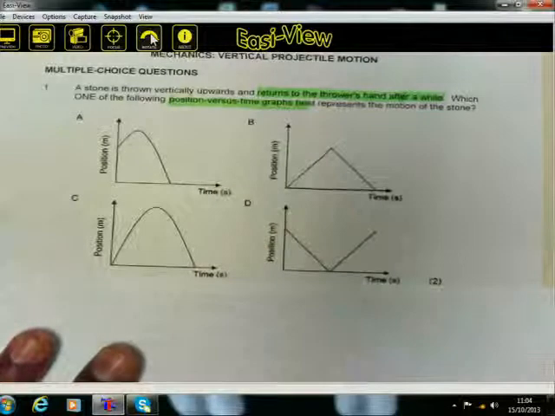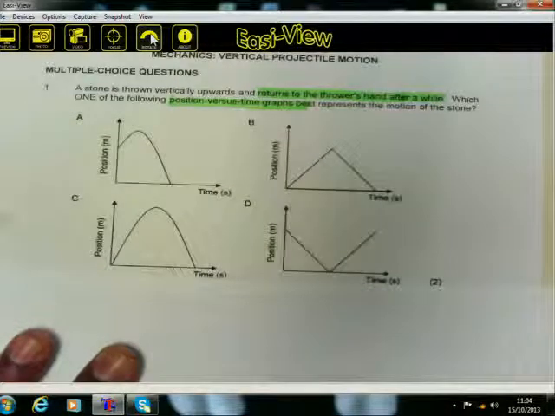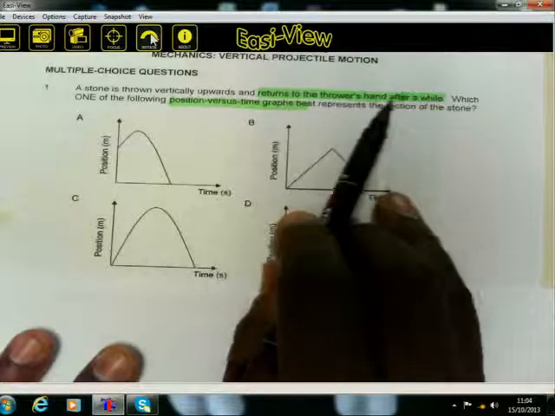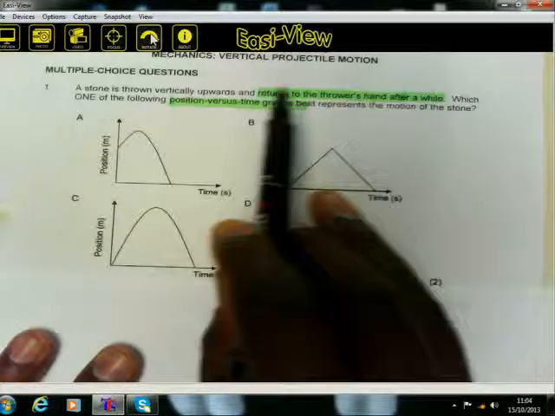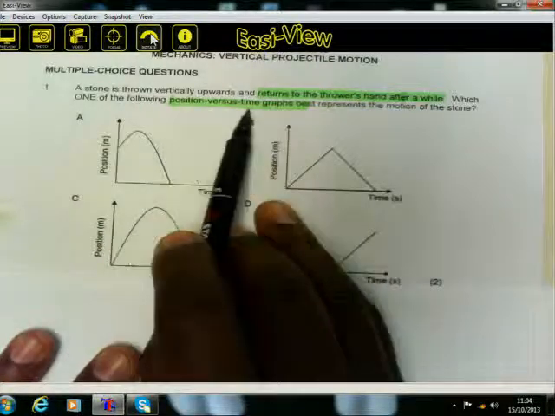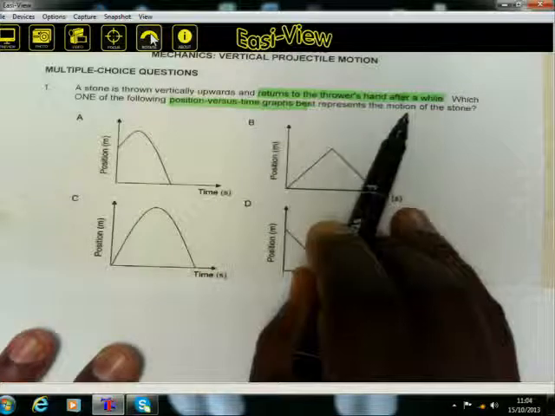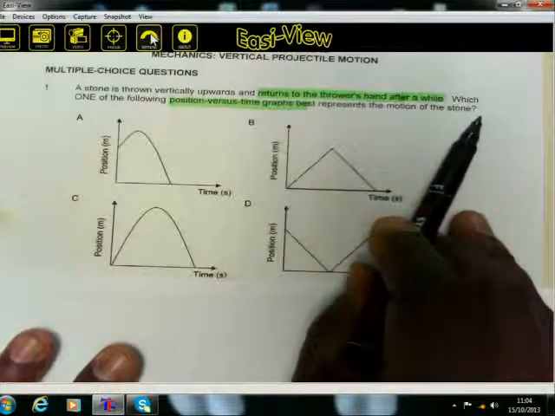Now let's look at this question. Question 1 on the multiple choice. It says, a stone is thrown vertically upwards and then it returns to the thrower's hand after a while. Which one of the following position time graphs best represents the motion of the stone?